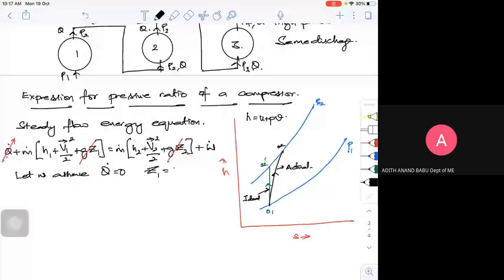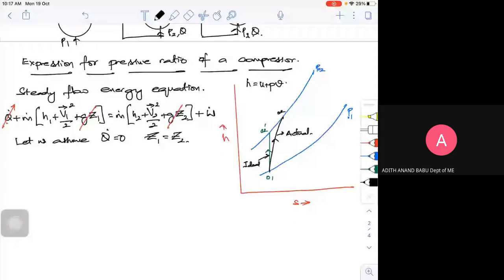What is the meaning of it? It's the horizontal position. So the equation gets reduced to m dot into H1 plus V1 square by 2 is equal to m dot into H2 plus V2 square by 2.